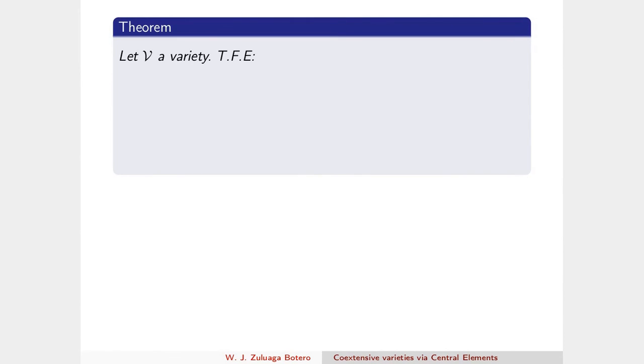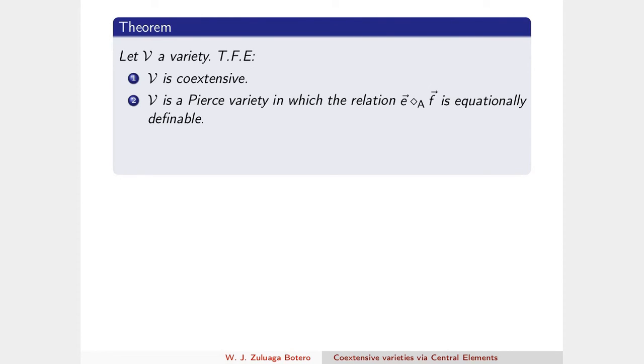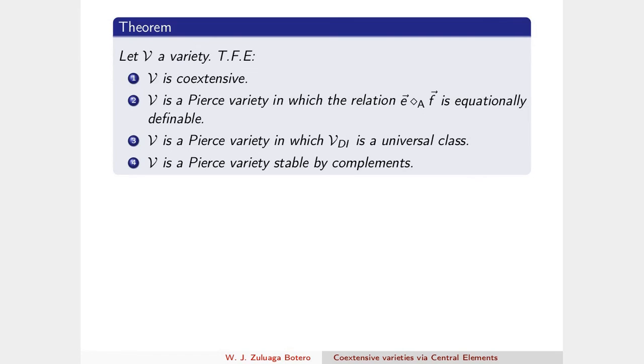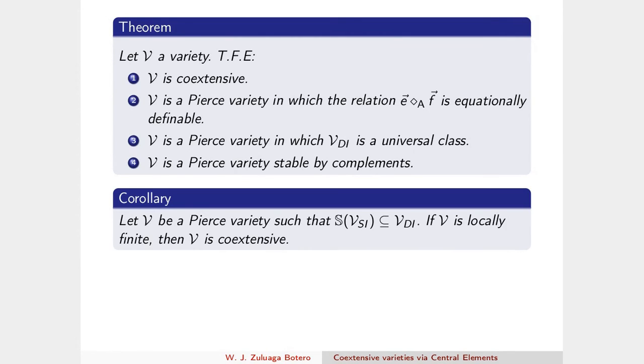The main theorem says that if we take a variety V, the variety is coextensive if and only if V is a Pierce variety in which the relation of being a pair of complementary central elements is equationally definable. That is equivalent to saying that V is a Pierce variety in which the class of directly indecomposable members is a universal class. And that is equivalent to saying that V is a Pierce variety stable by complements.